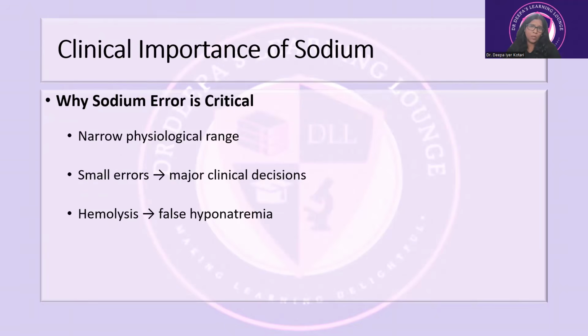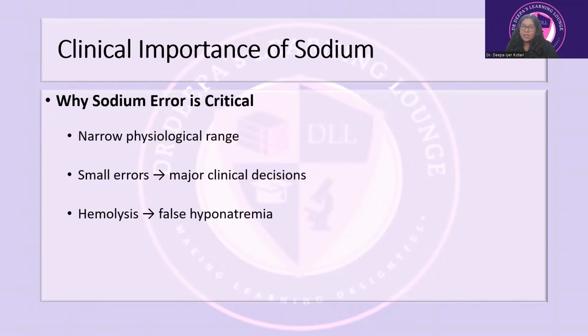What is the clinical importance of sodium? Do I really care if my report comes out with a little low sodium? You need to understand that your report can be very, very important to a patient in ICU or a patient who is on IV fluids or a patient who is being monitored for, let's say, refractory hypernatremia or hyponatremia.